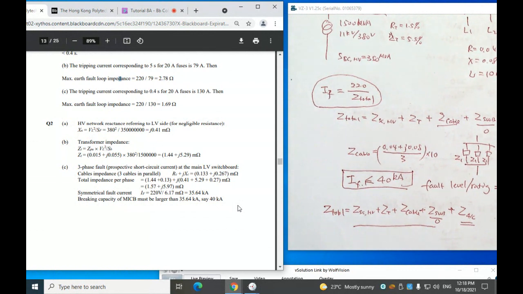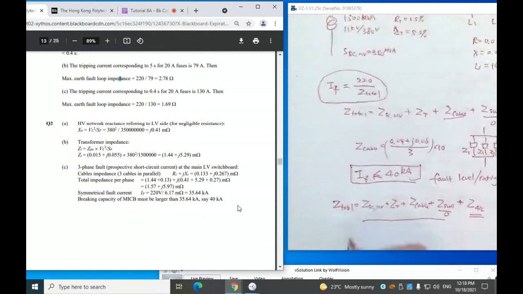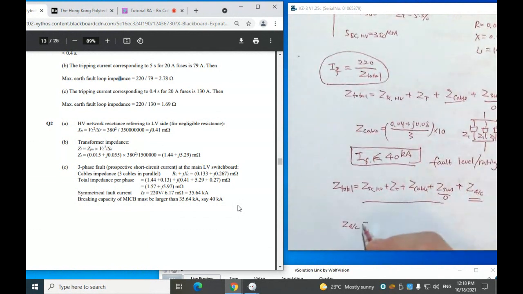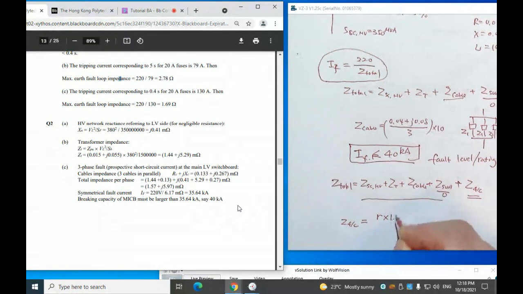So how can we find this impedance? We have to use the COP table to find out the resistance value and the reactance value. For this 4-core cable, Z is equal to R, the table value for resistance, multiplied by 1.15. If you look at the notes, there's a formula for the cable impedance. I just copied the formula.